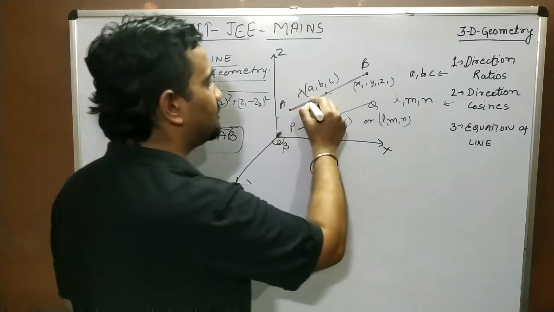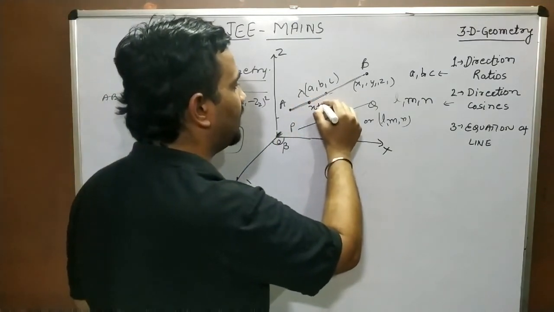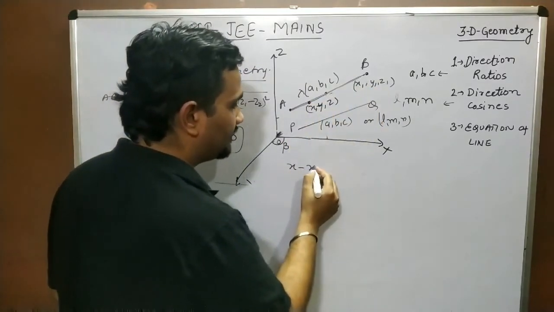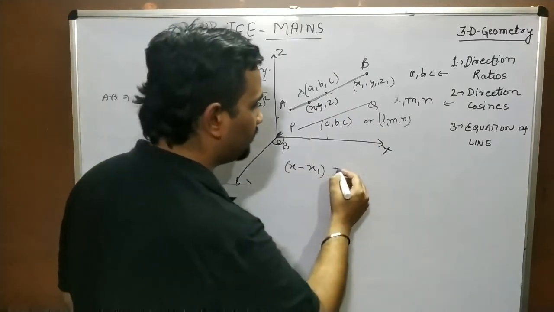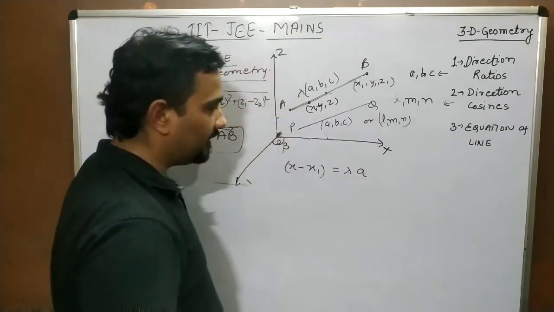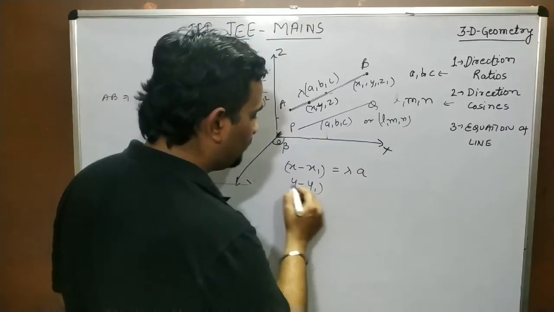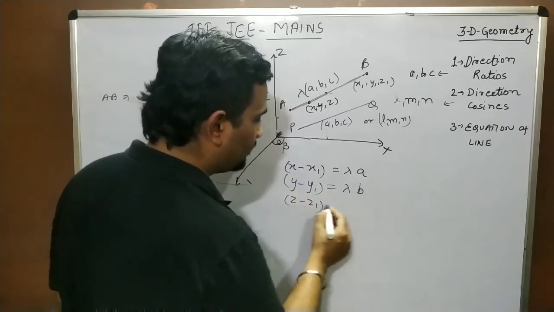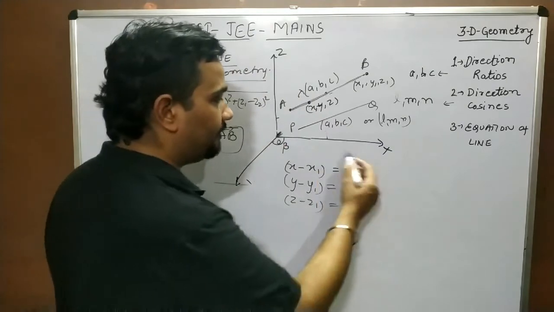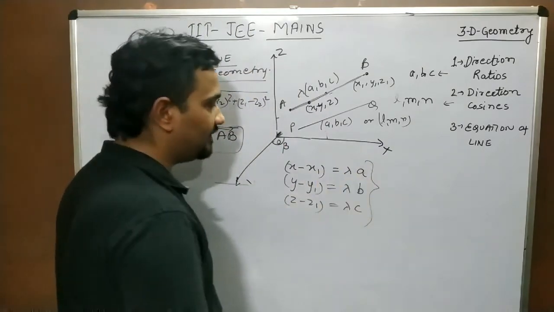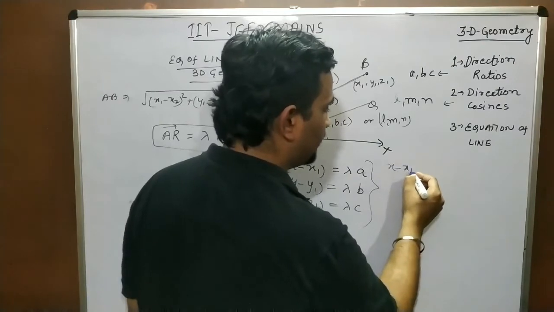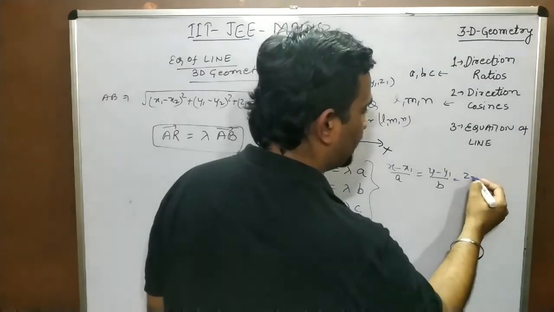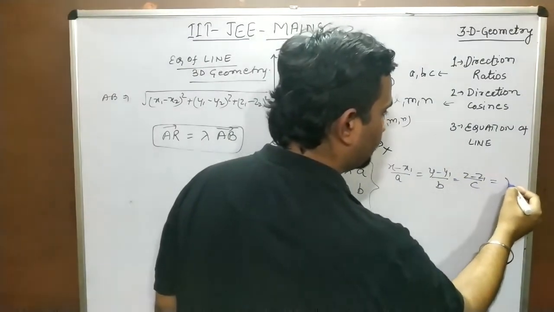Suppose this line is passing through this point x, y, z. So what will be the value of x minus x1? x minus x1 will be equal to lambda A, y minus y1 will be equal to lambda B, and z minus z1 is equal to lambda C. If we mix up all these things, then we get x minus x1 upon A is equal to y minus y1 upon B is equal to z minus z1 upon C is equal to lambda.